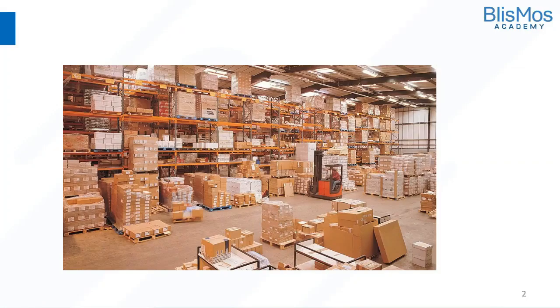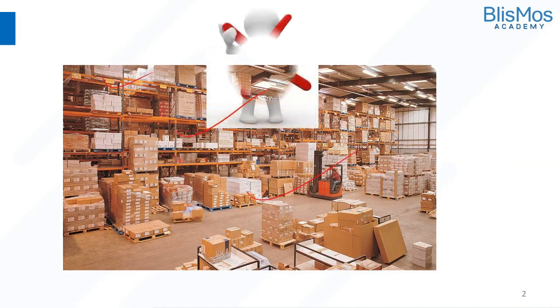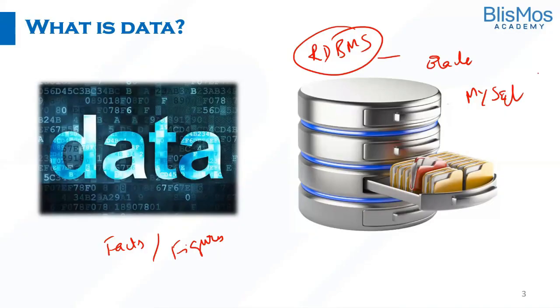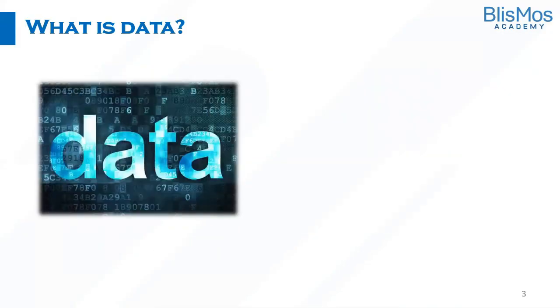When I say warehouse, are you thinking about a big building where multiple products are stacked? No, we are not talking about that. We are talking about a data warehouse. But before we venture into that, at a high level, what is data? Data is nothing but a raw facts and figures. But we need something to store the data, right?